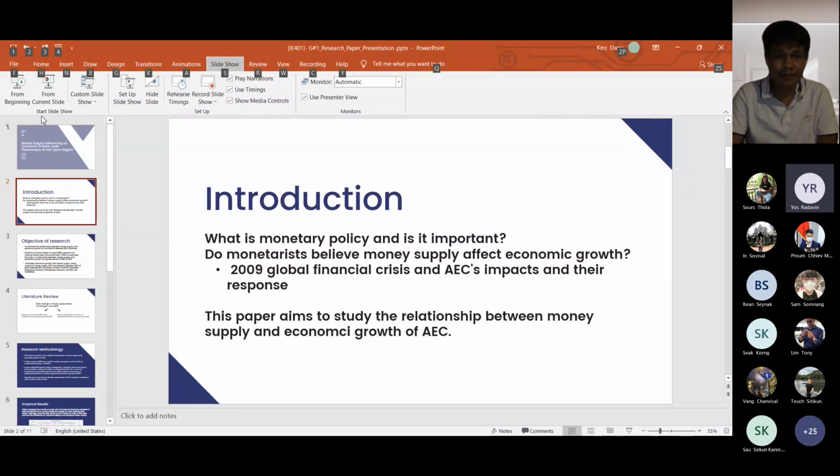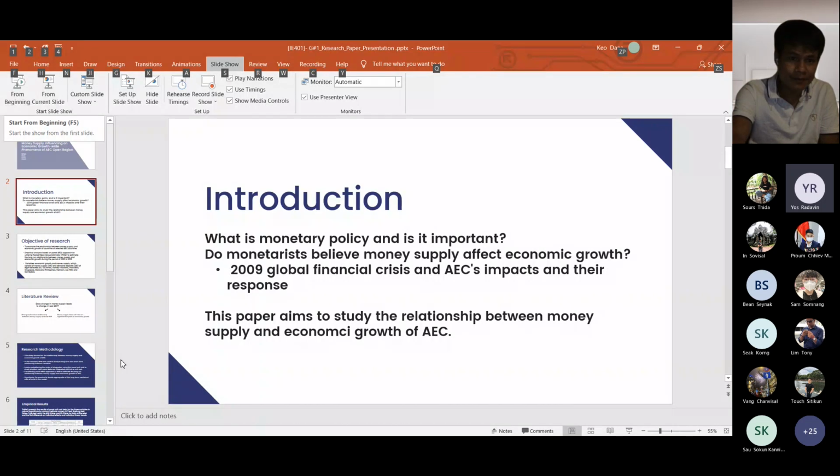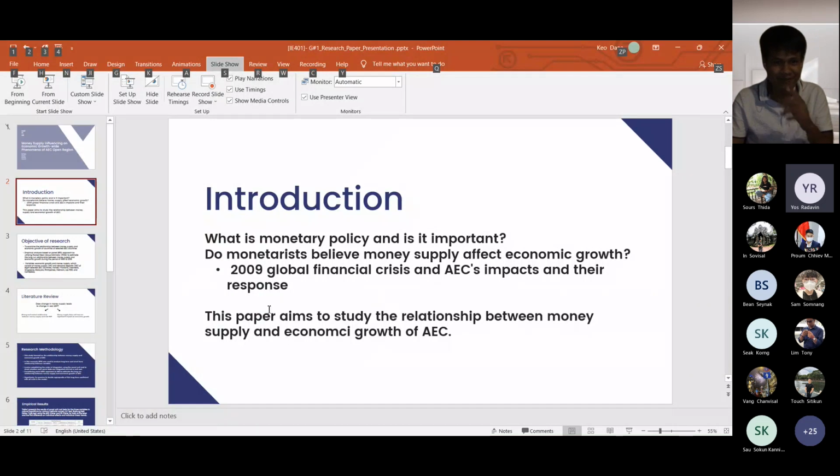So let me start with what monetary policy is and whether it is important or not. Monetary policy is the manipulation of money supply with the objective of affecting macroeconomic outcomes such as GDP growth, inflation, unemployment, and exchange rate. It is an important tool for maintaining economic stability and promoting economic growth.